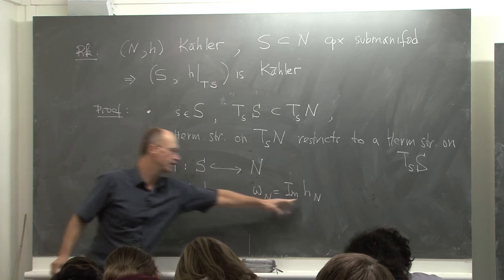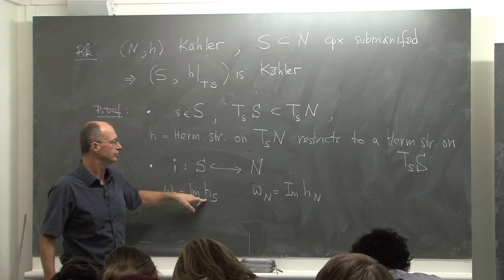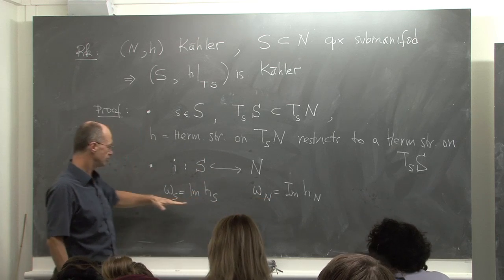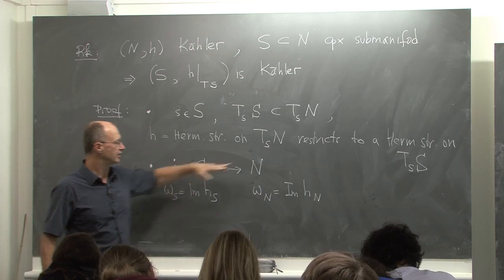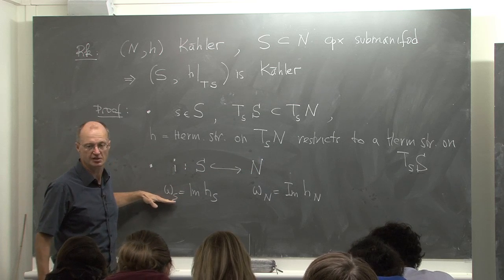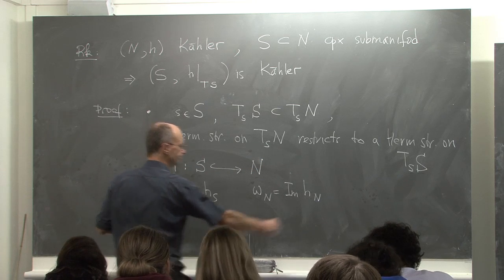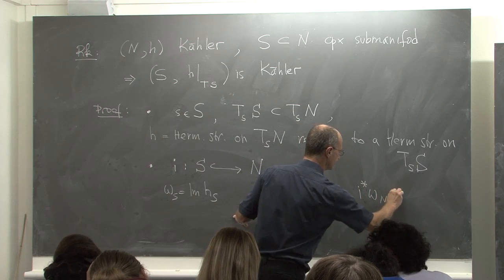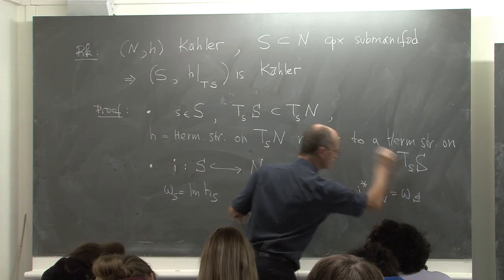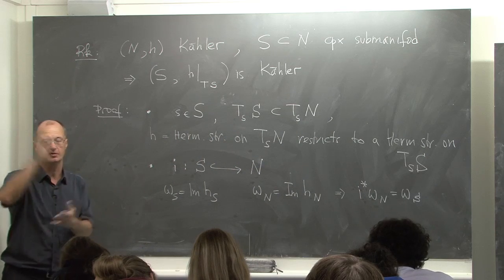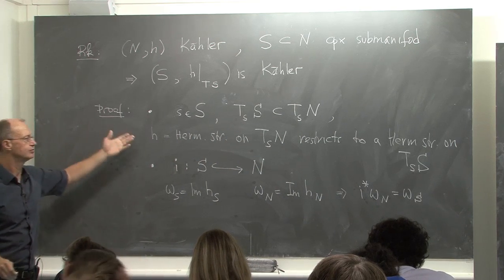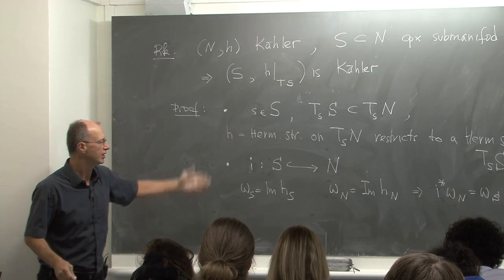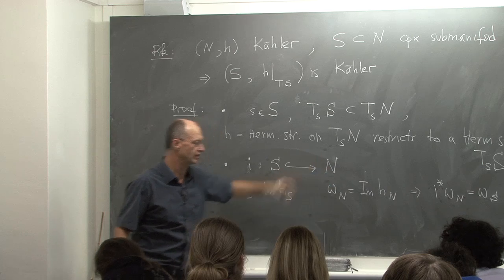And so H_N restricted to T_sS is H_S, and omega_N restricted to the tangent space T_sS is omega_S, right? This is just by construction. You have these 2 simple steps: you produce 2 forms from Hermitian forms. And since one is restricted, the other one is also restricted.